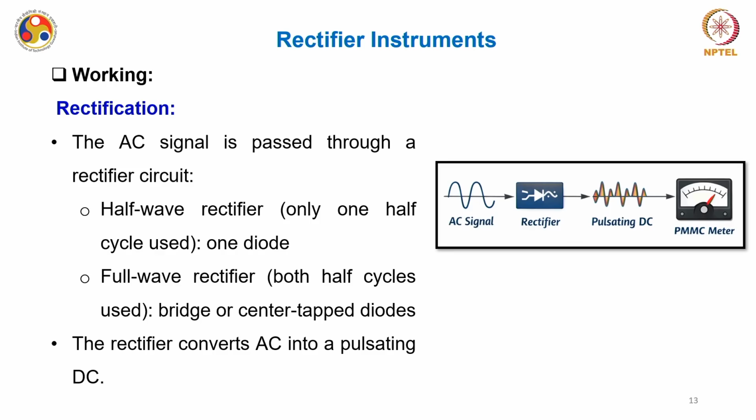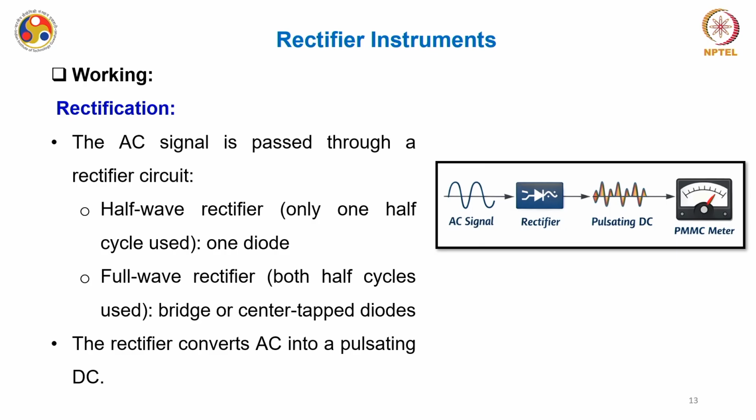If you have more than one diode, you may have a full wave rectifier, where both half cycles of the AC signal are used. Full wave rectifiers come in different configurations. You can have a center tapped diode configuration or a bridge type rectifier. I recommend that you also go through some courses where you can find a good discussion on rectifiers.